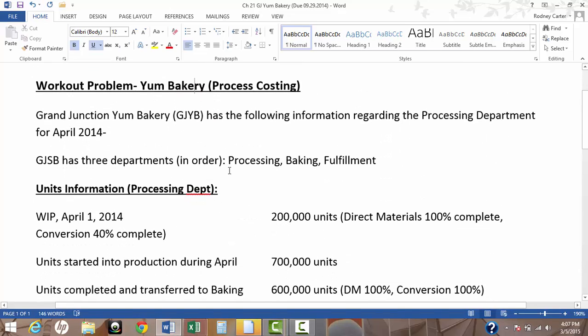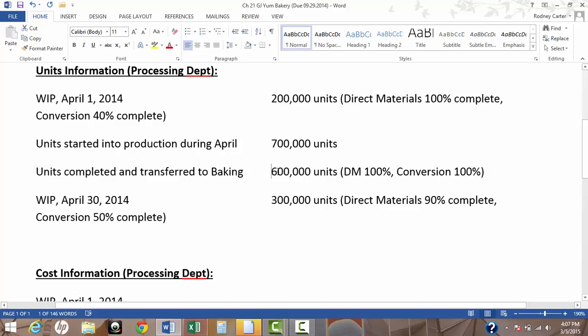You'll remember from the problem, we're working on the processing department, and 600,000 units have moved to the baking department. Again, what we need to know is the dollar value associated with those units. That's why we're doing this report.